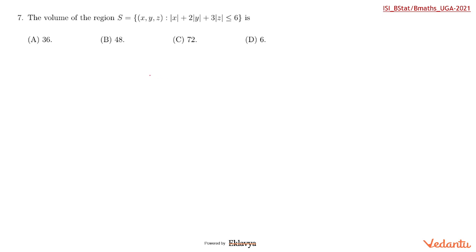So we just find the volume falling in the first octant, where x, y, z are all positive or 0.